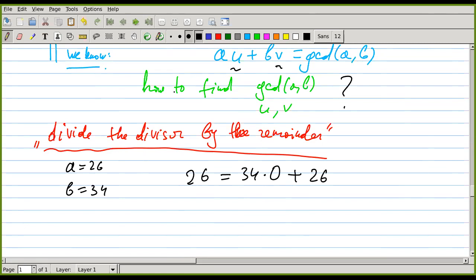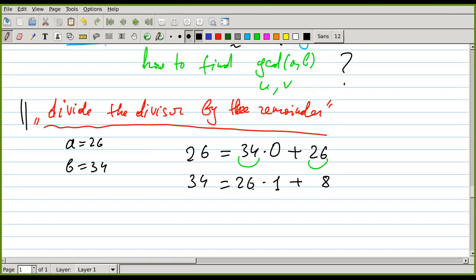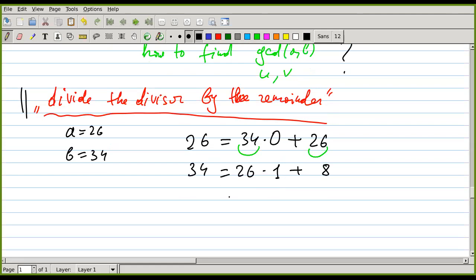And now I will apply our recipe. I want to divide the divisor, that is 34, by the remainder, that is 26. 34 is 26 plus 8. So the partial quotient is 1 and the remainder is 8.